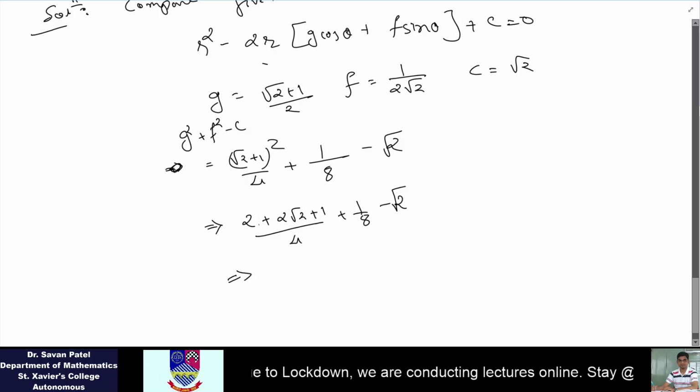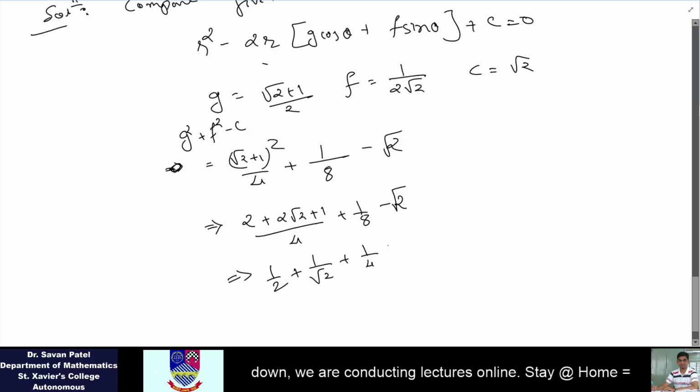So from this, it is 1 by 2 plus 1 by root 2 plus 1 by 4 plus 1 by 8 minus square root 2.